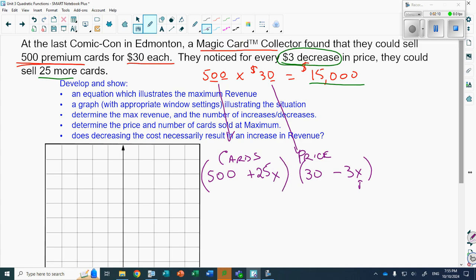Your whole idea is to multiply the cards times the price to give you the revenue. And what you're going to do here is see, is that necessarily the maximum revenue? That's what we're after. You want this guy to make his money. That's why he's hiring you as a business consultant, right?